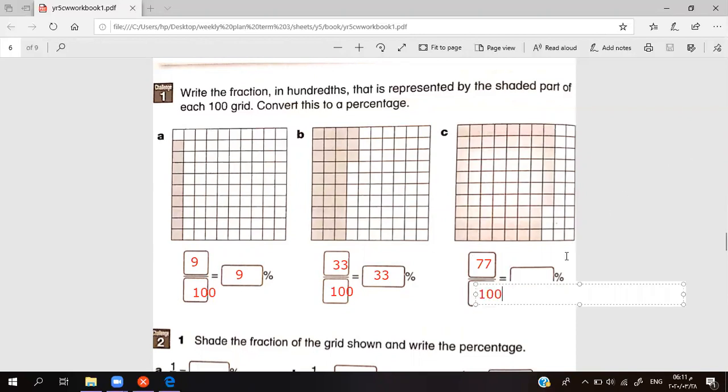So this means it is 77%. Percent means for each 100. Cent means 100. Percent for each 100. Okay? And this is the percent symbol if you don't know it.